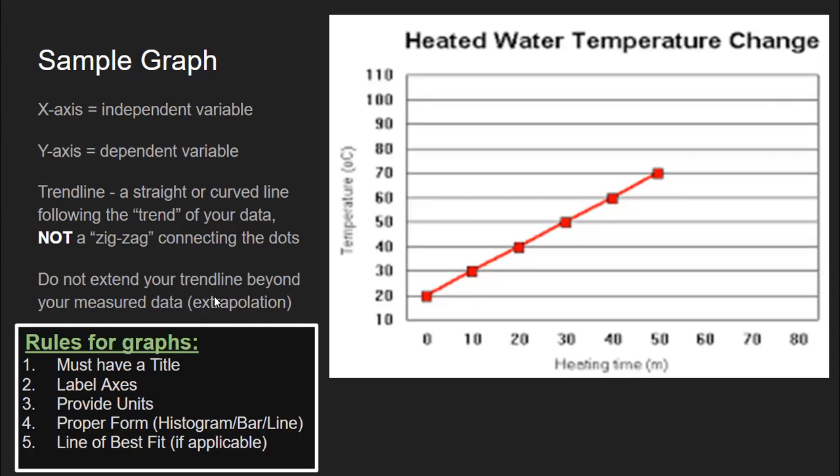Additionally, you don't want to draw past the data you've actually collected. That's that extrapolation that we talked about. So in this example, this person collected data from time point 0 to 50. If they extended the line past this dot, that would be extrapolation. And if they extend it past this dot, that would be extrapolation. You don't want to do that.